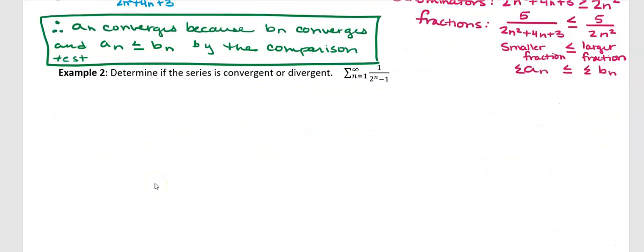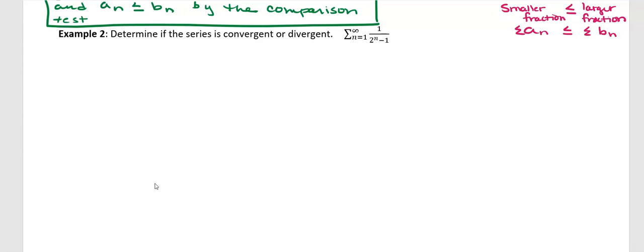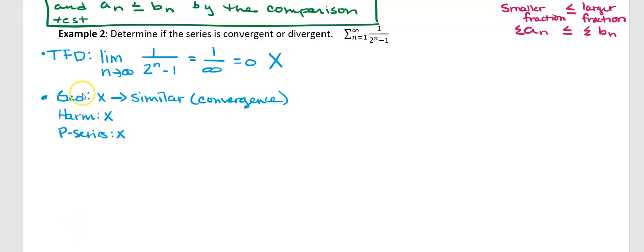Now let's take a look at example 2 to see if that one is convergent or divergent. So this one says to determine convergence or divergence with the series 1 to infinity of 1 over 2 to the n power minus 1.